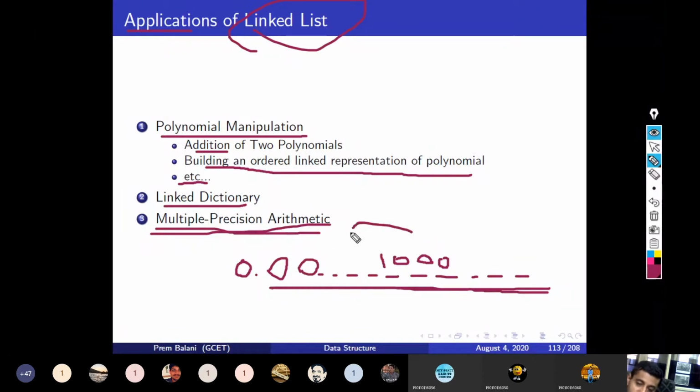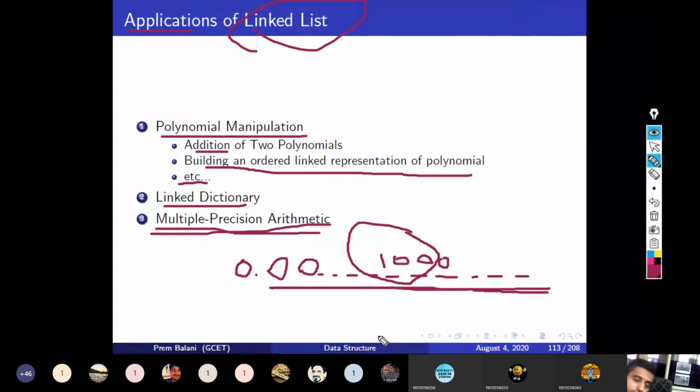So by such 100 nodes, you can achieve the 1000 decimal precision of the number. Have you got this? Any questions? No. So, okay, let me go ahead.